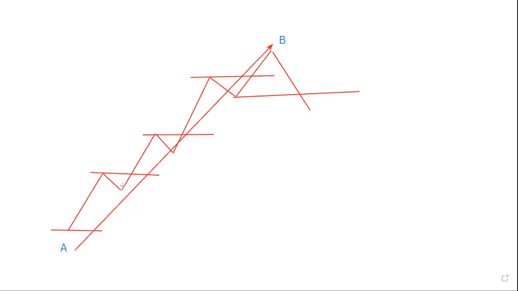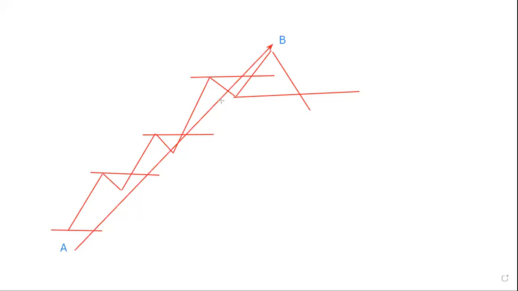But all the same, they are moving in an upward direction. So this high was broken to create this higher high. This higher low was created because it could not get to the previous low. This high was broken to create this new higher high, and just like that.